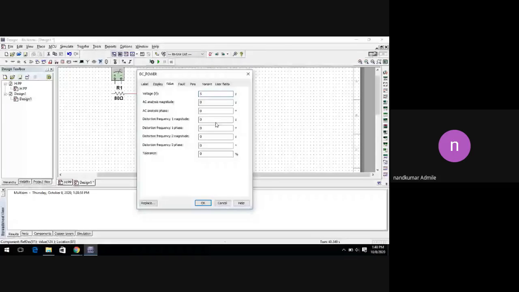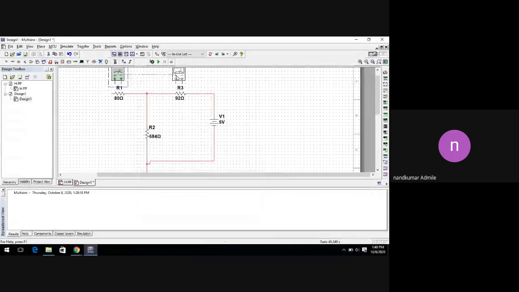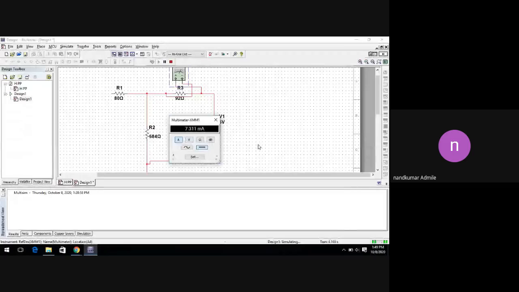And by using a multimeter, we can measure the value of current I2. Here we can connect positive and negative polarity. Have you observed the value of current I2?